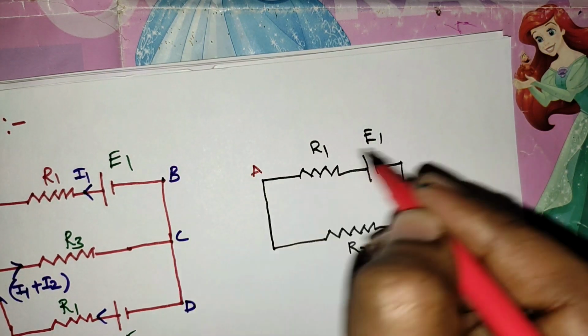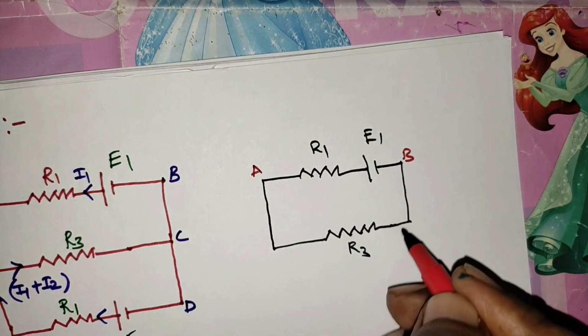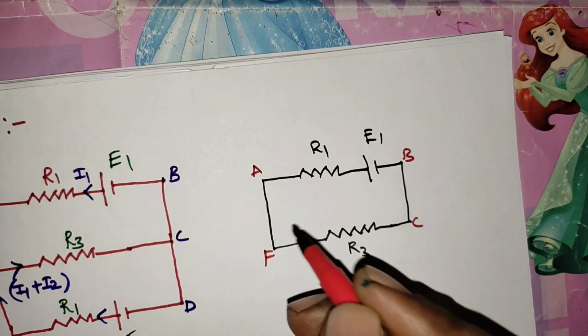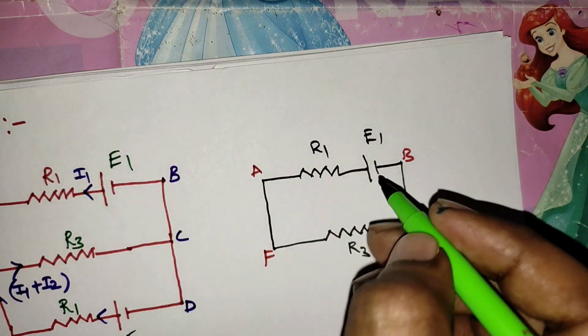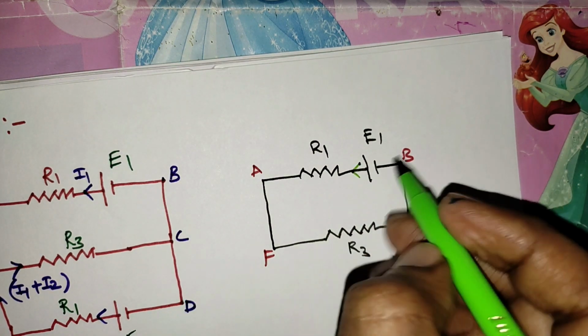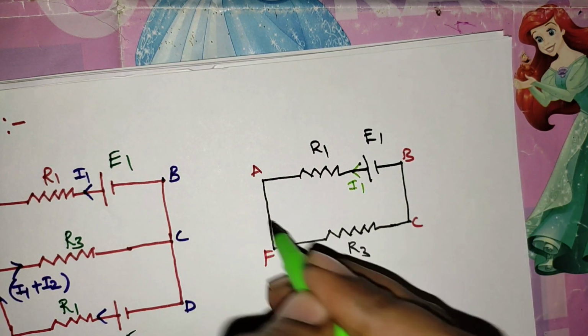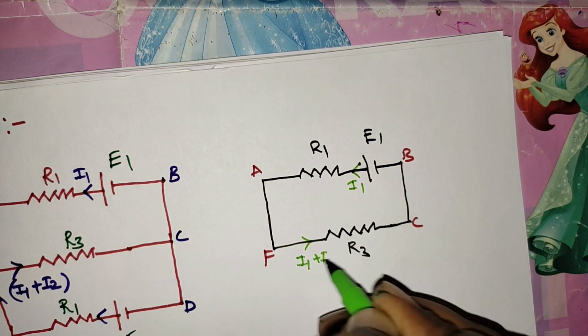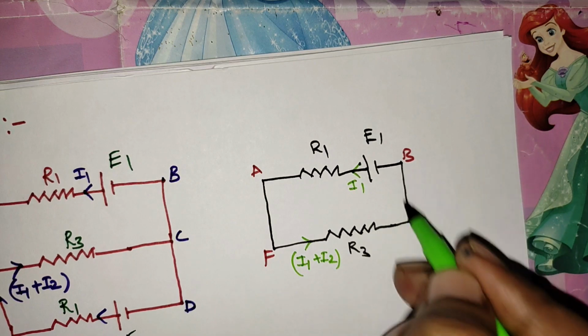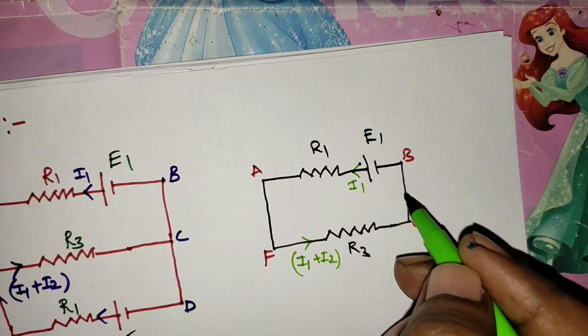Here this is the loop with points A, B, C, F, A. Already we know the current directions here. So this is I1. This is I1 plus I2. Here there is no resistor and no EMF, so you don't need to consider this wire.